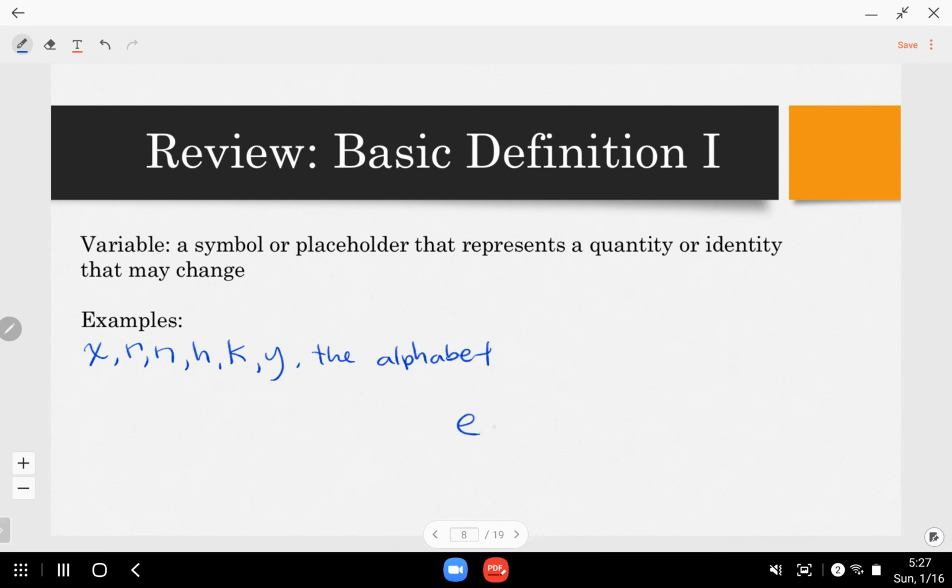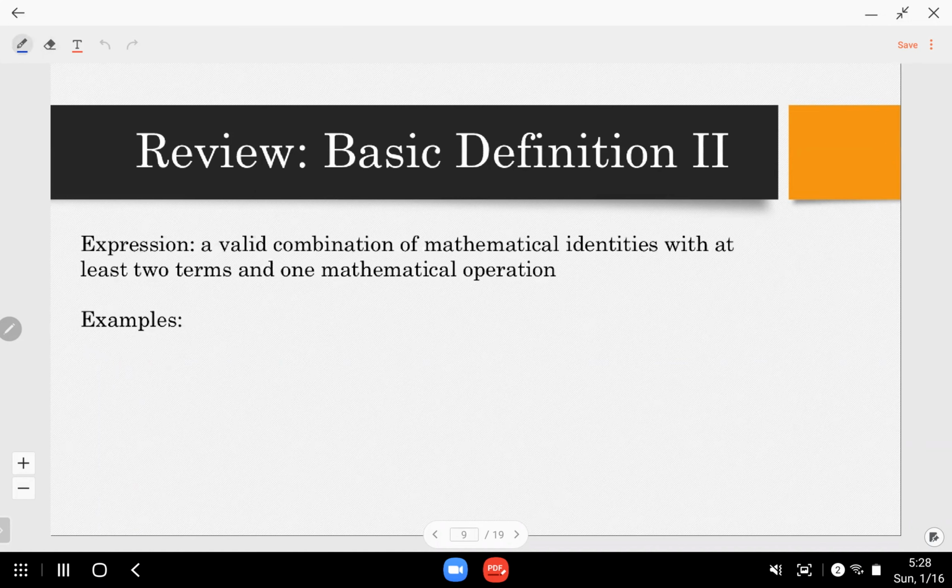E is something called the natural base. We use that in natural logarithms, but don't worry about that right now. Most of the letters in the alphabet can be used as variables, so don't be freaked out if you see a lot of letters, because they're just variables.